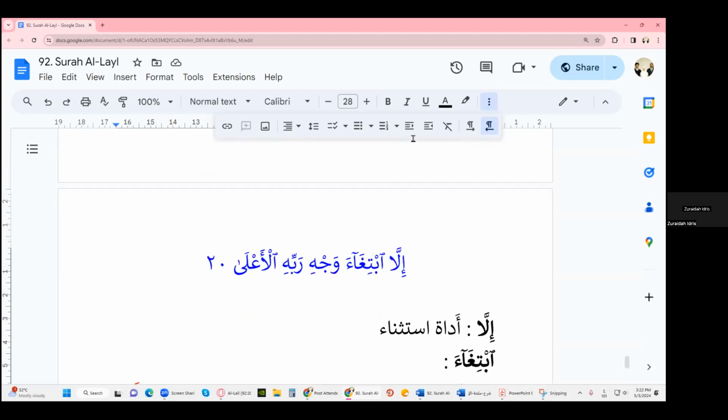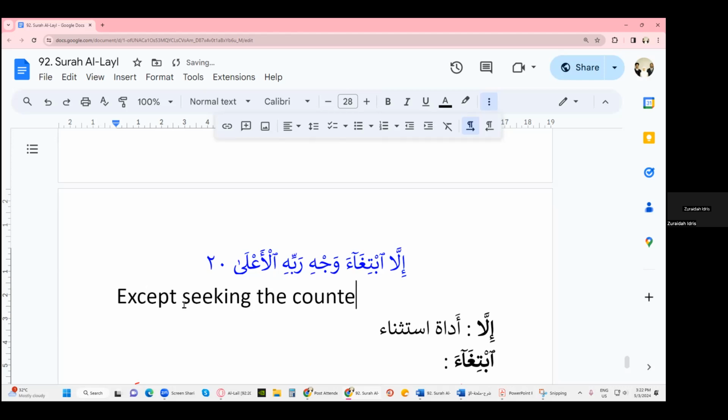let's do the translation first, then the other option will become clearer. So, illa ibtigha'a wajhi rabbihi al-a'la. Sister Adila, would you like to do the translation for us, please? Except seeking the face of his master, the Most High. In seeking, we like to use the word countenance here, because countenance is basically approval, but countenance also means face.